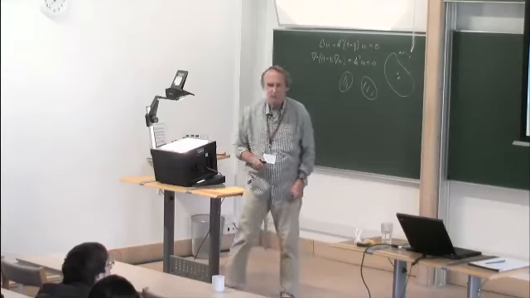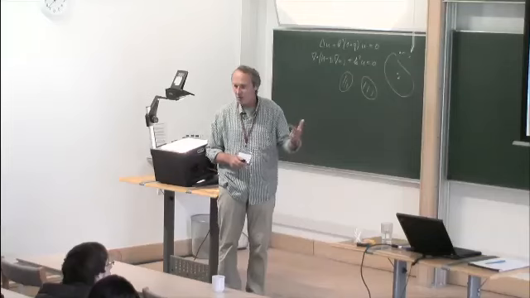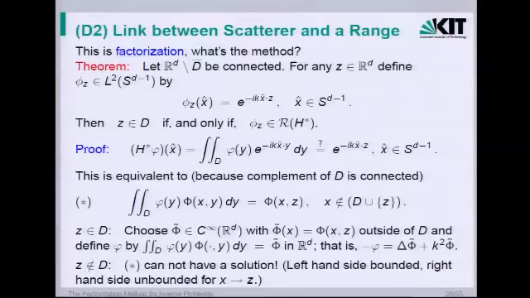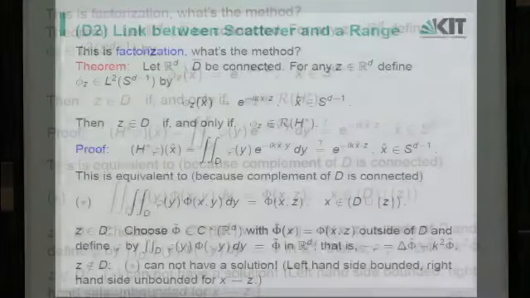And the refined argument holds if Z is on the boundary of D. I have to look into the right spaces there. Okay, so this gives you now a characterization of D by a range condition.